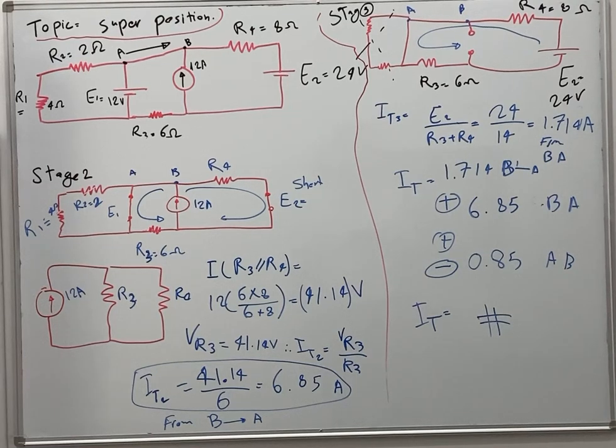So for R4 and R3, we are just rearranging the stage 2 drawing again, so it will be 12 ampere here, R3 is here, R4 is here. Because there are 2 points here, this point and this point, that are common between R3, R4 and the current.